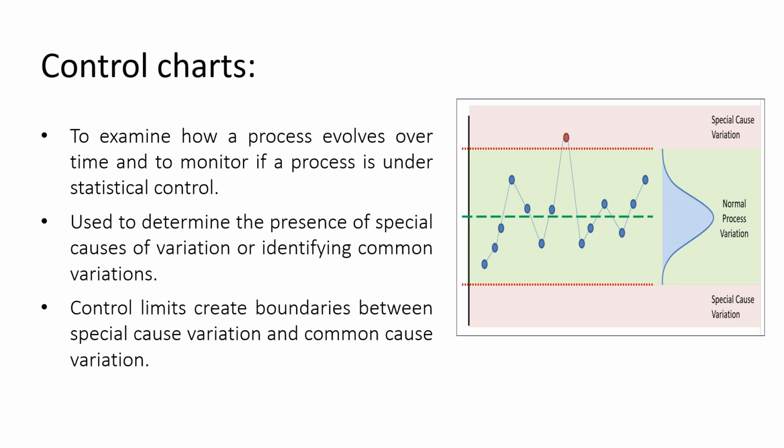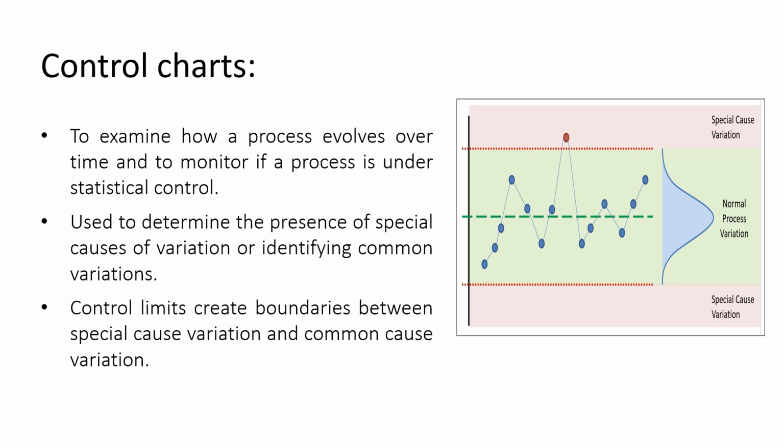Control charts are used to examine how a process evolves over time and to monitor if a process is under statistical control. They're used to determine the presence of special causes of variation or identifying common variations. The way we identify special causes of variation versus common causes of variation is by using upper and lower control limits.